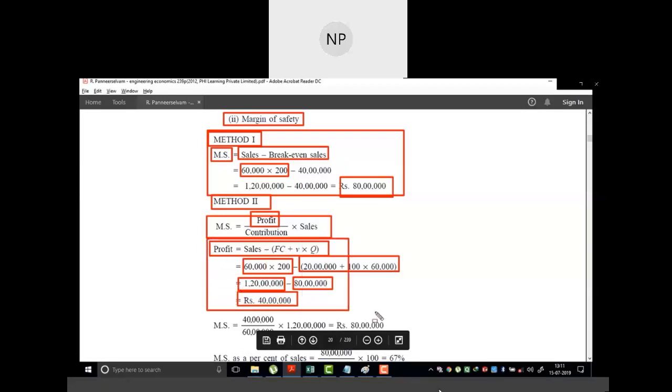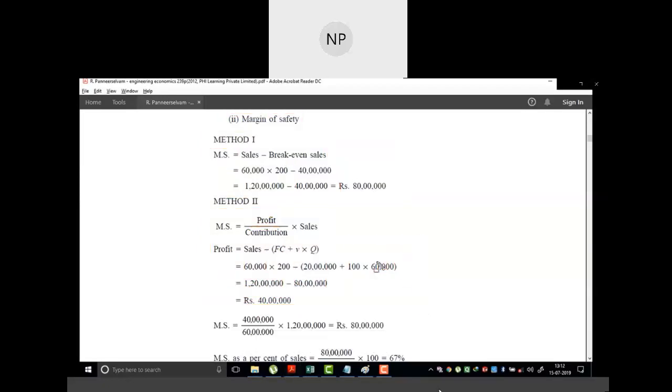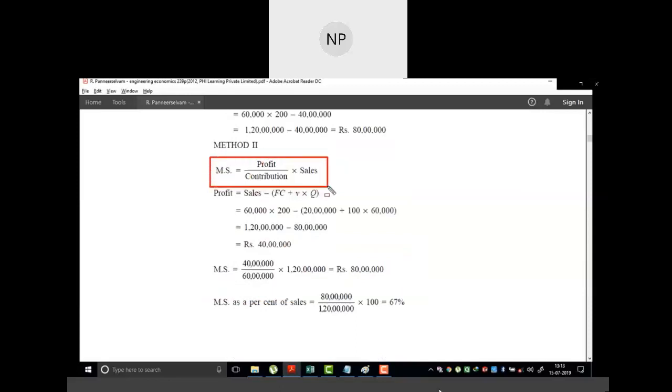So the first parameter, the break-even quantity, is 20,000 units.